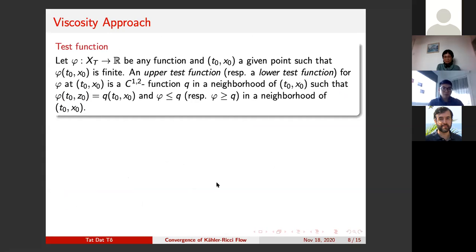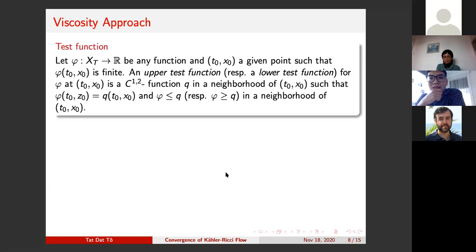Before going into the detail, I just mention that in the smooth or regular setting, we have the notion of subsolution or supersolution, meaning a function which satisfies some inequality with respect to the equation. But this classical definition does not work if the solution is not regular but may have some singularity.